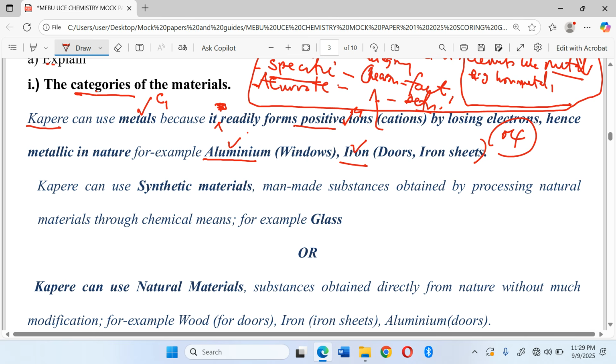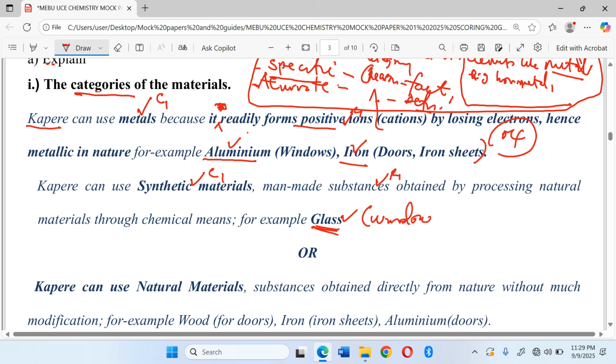Then another response, we say that Capelli can use synthetic. So still this is the category. The man-made substances, this is the reason. Obtained by processing natural materials through chemical means. For example, they have given us a glass. Where is this man going to use glass?